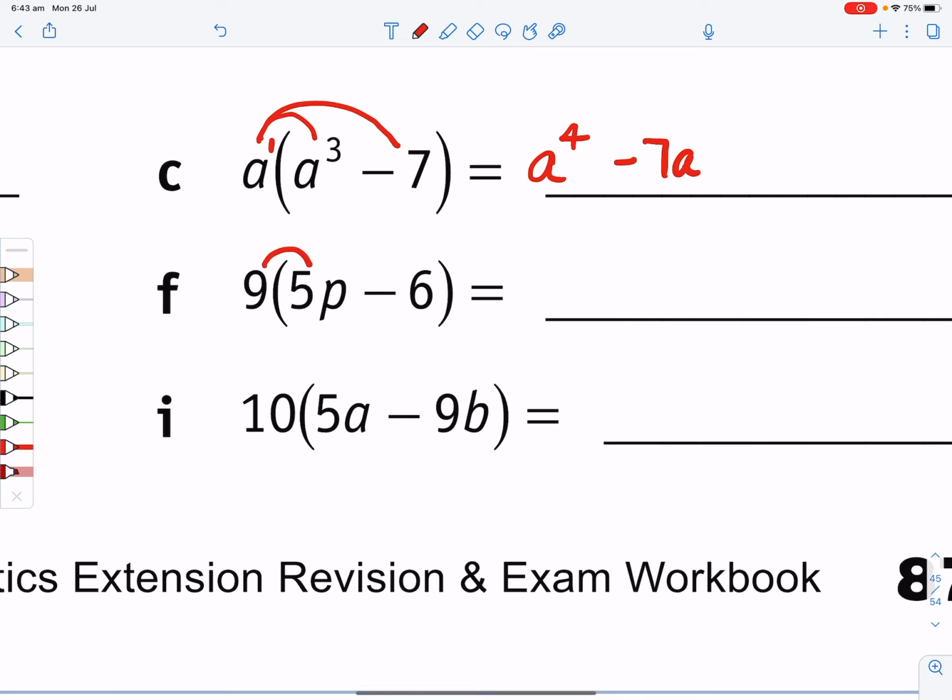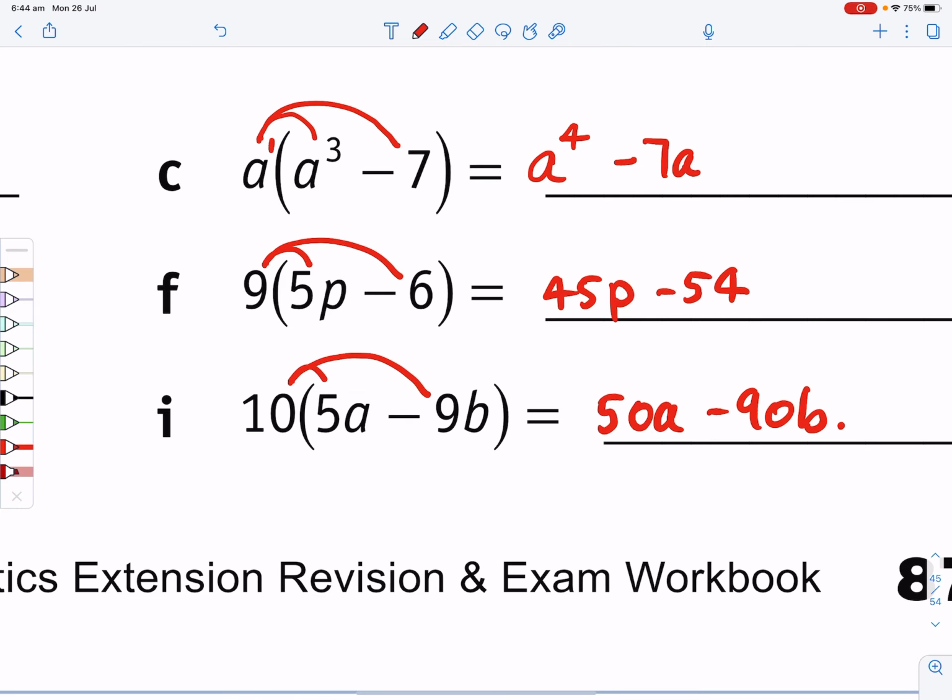Nine times 5p is 45p, and you stop. And 9 times minus 6 is minus 54. Next one, 10 times 5a is 50a, and you stop. And 10 times minus 9b is minus 90b, and you stop.